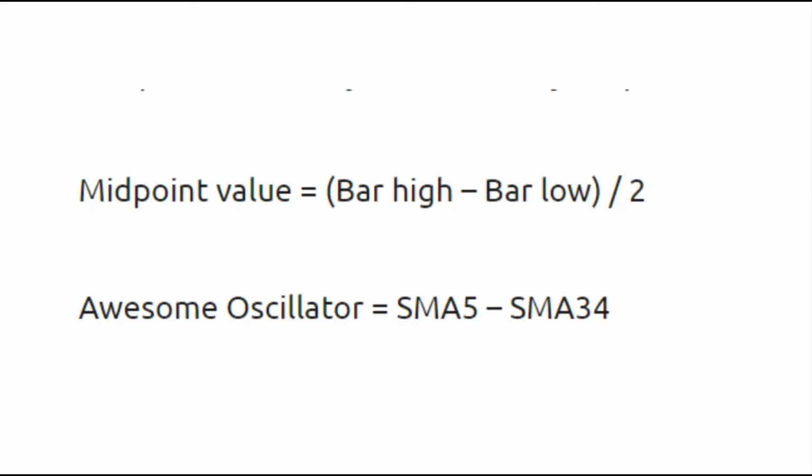It is calculated as the difference between the newest 5-period simple moving average and a 34-period simple moving average. But instead of the closing price, the indicator uses the bar midpoint value. Although the Awesome Oscillator formula may look complex, the reality is that it's fairly simple, and it is as follows, as you can see.